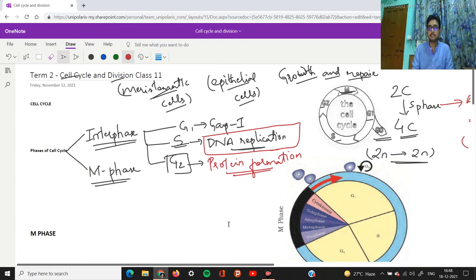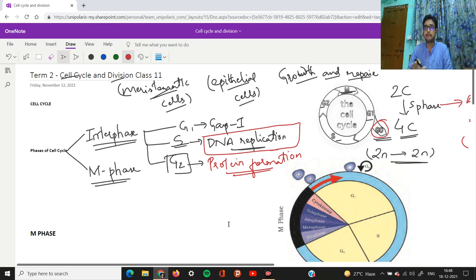So one last thing is the G naught. What is the G naught phase? This is known as the quiescent cell stage, in which after the G1 phase, the cell enters into G naught and doesn't undergo any cell division further. It doesn't undergo the interphase further and it doesn't enter the M phase as well. The reason behind this is the cell is not asked to do so.